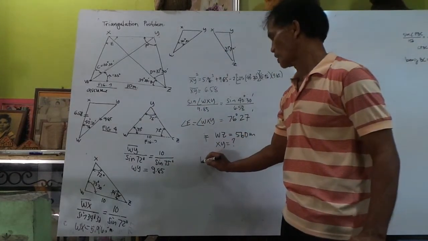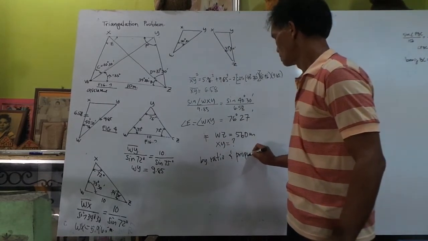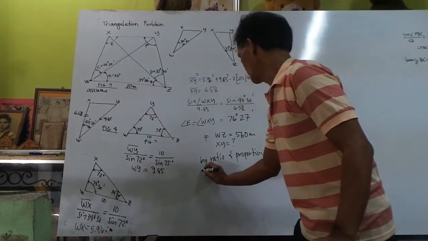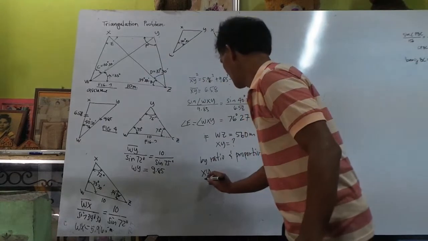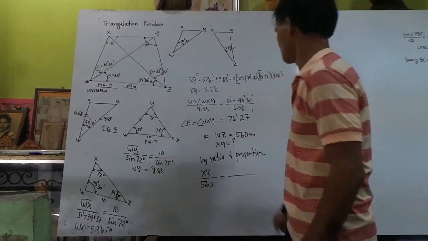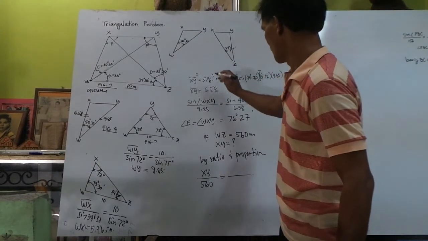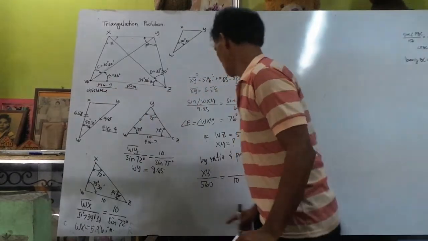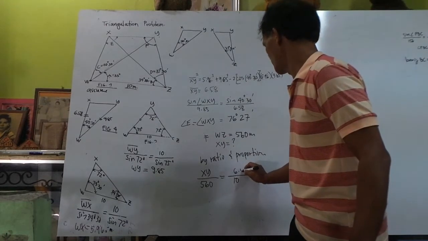So by ratio and proportion, our XY over 560 is equal to the small XY, where the small triangle has a WG of 10, and the small XY is 6.58.